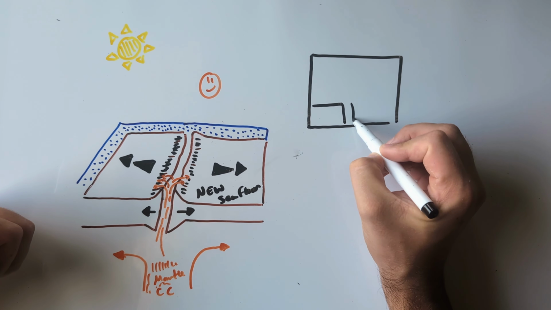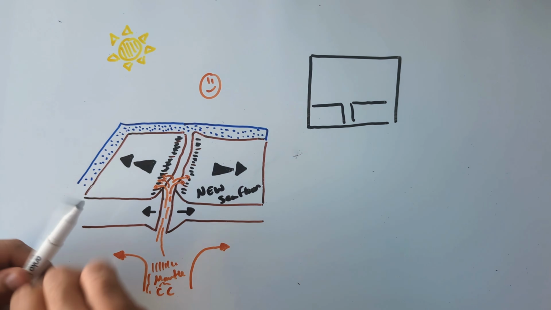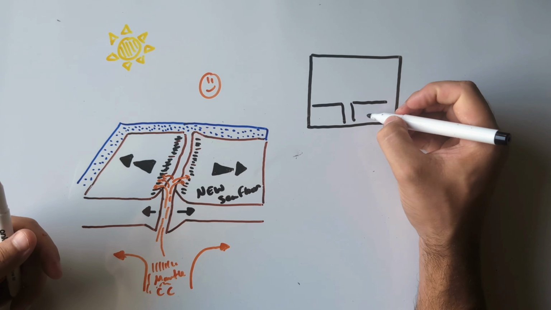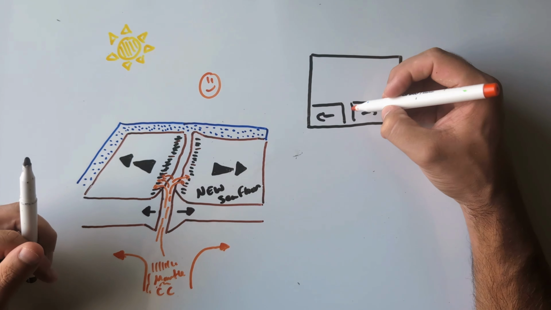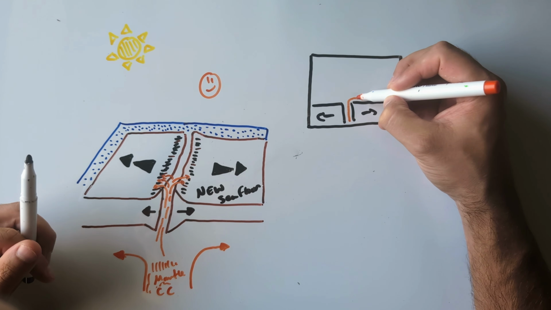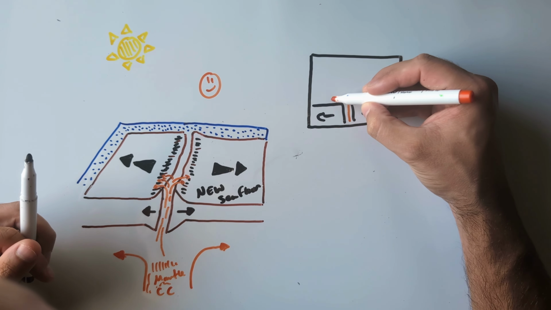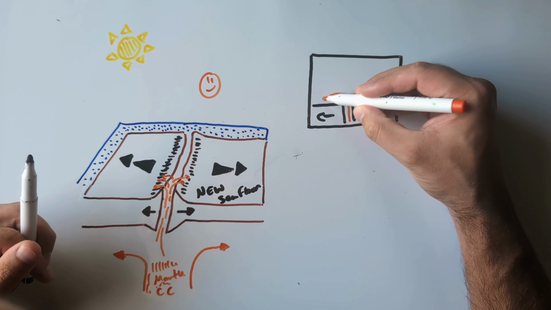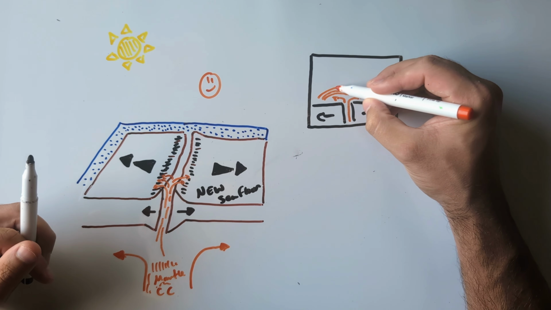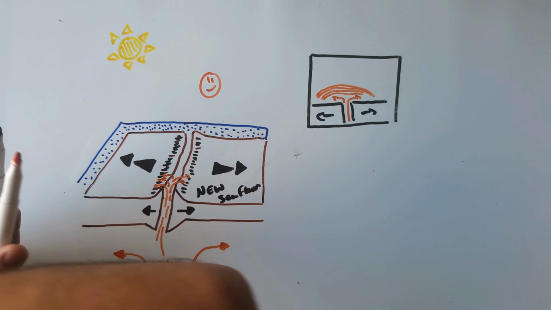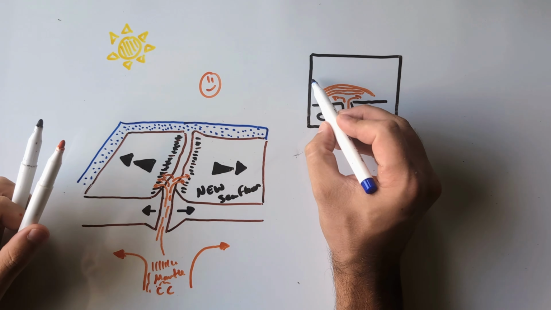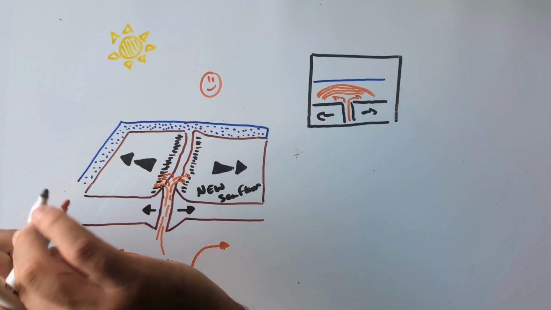As the two plates move apart, because they are a divergent plate boundary, the magma spills up and creates new ocean floor. But eventually that magma builds up, and it builds up, and it builds up, until, what's going to happen?